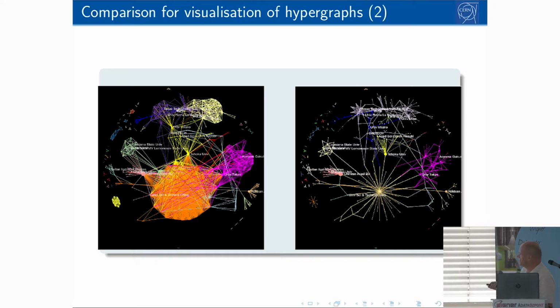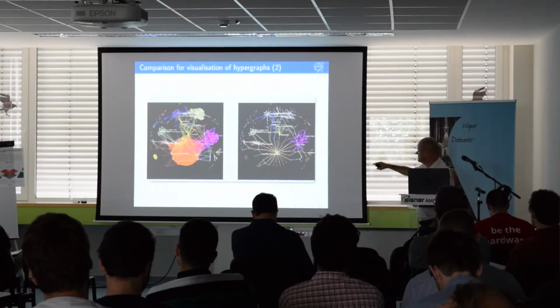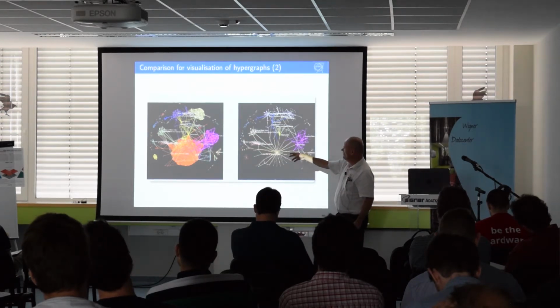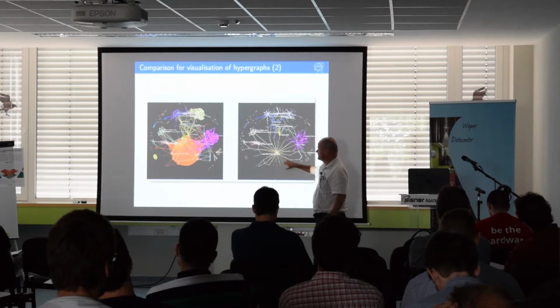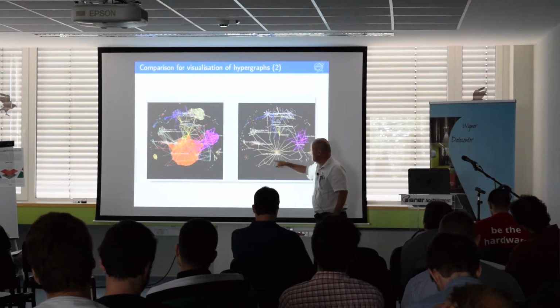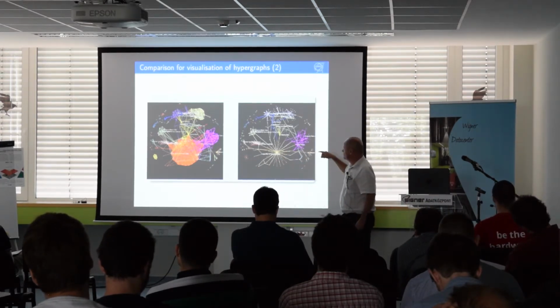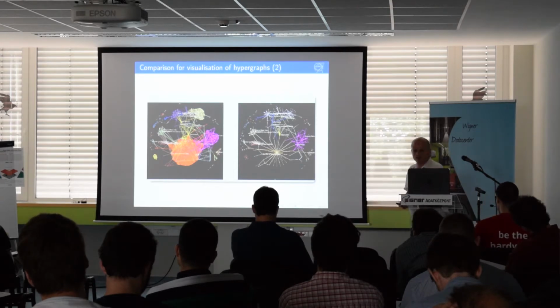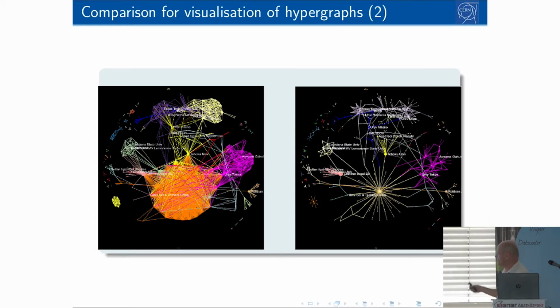If you look here, you have the big orange organizations collaboration, and here it seems we just have a very big cluster, but when we see it this way, we see that it's maybe just one shot, and maybe there are one or two other collaborations, but this network was much more important in the ways they were collaborating. So we have hidden information on the left that is displayed on the right.